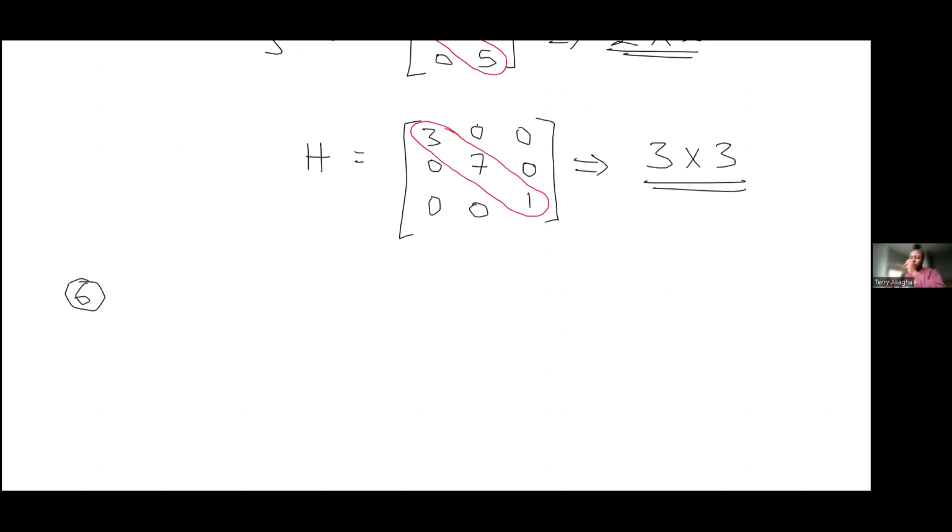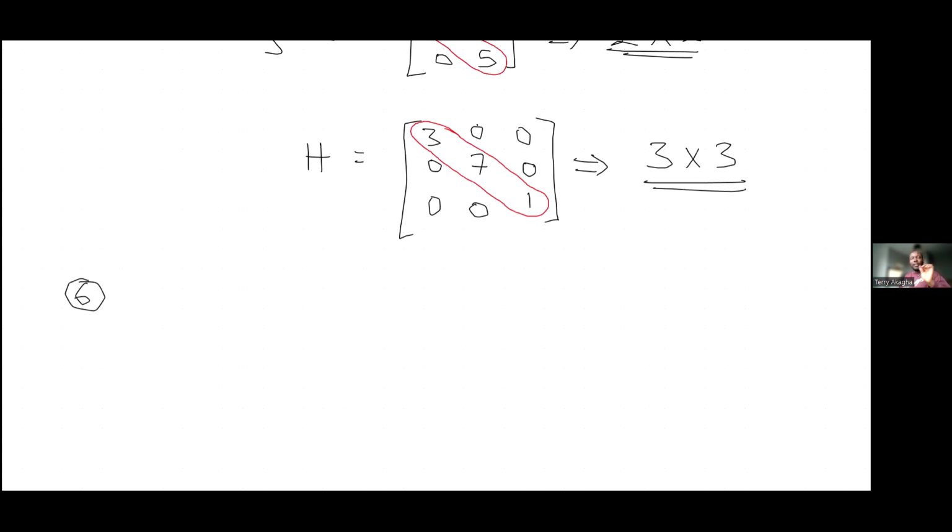So basically, what I'm saying is that it's also a type of diagonal matrix, but in this case, it's a diagonal matrix because only the diagonal has numbers that are non-zero, and all the non-diagonal elements are 0. But in this case, the numbers in the diagonal are equal. So that's the difference between a diagonal matrix and a scalar matrix.